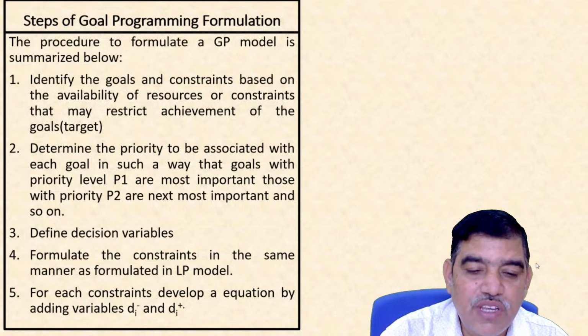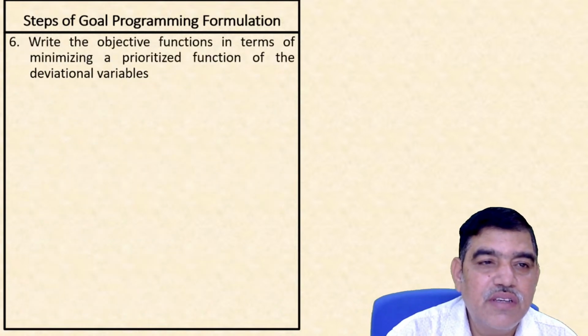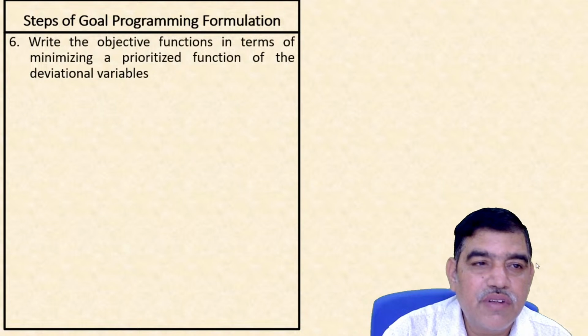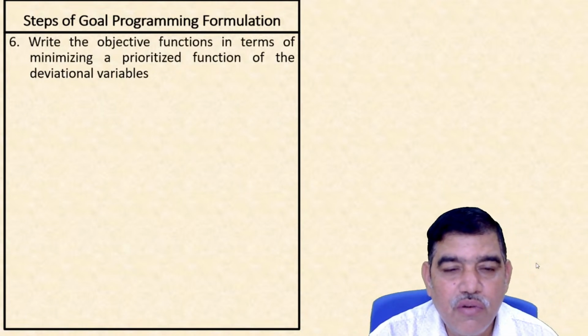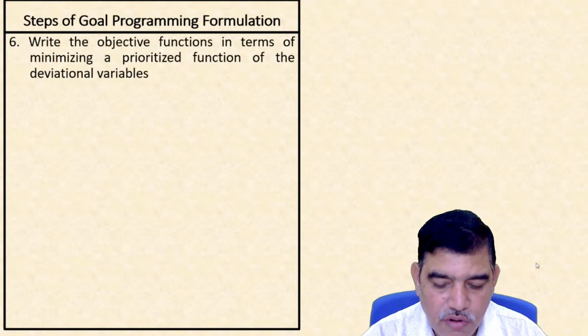So d1, d2, d3, in this way, as per the requirement of the constraints. The sixth step is to write the objective function in terms of minimizing a prioritized function of the deviational variables. So these are the 6 steps of how to formulate the goal formulations. In other words, I can explain how to formulate the goal programming.